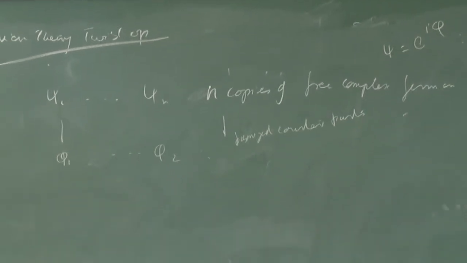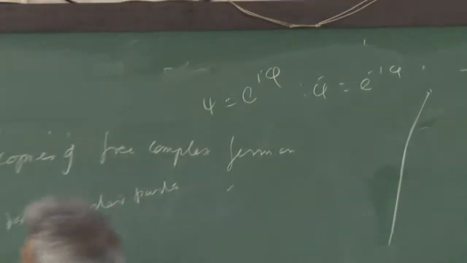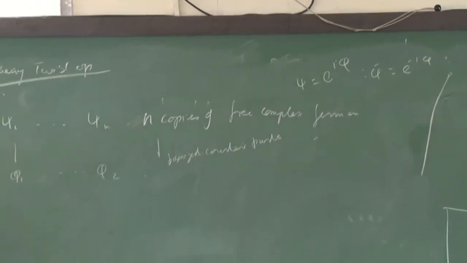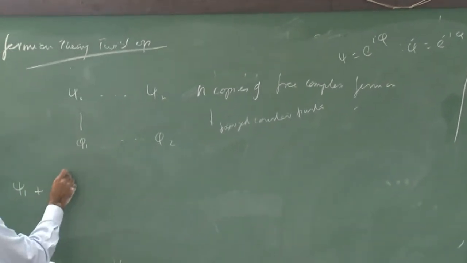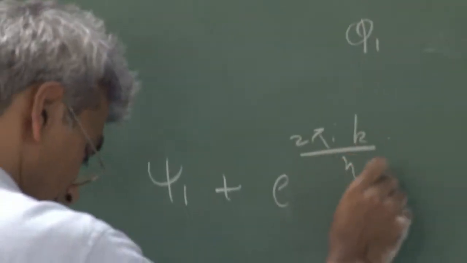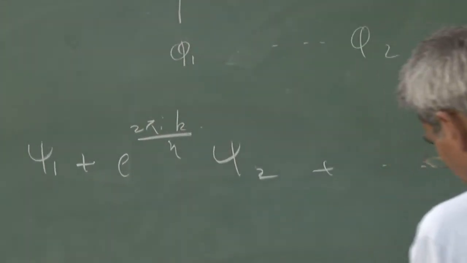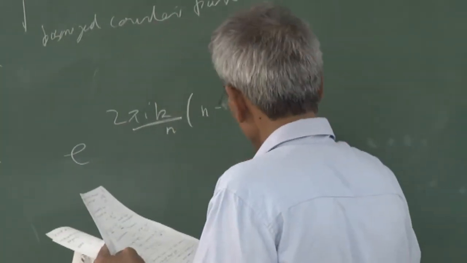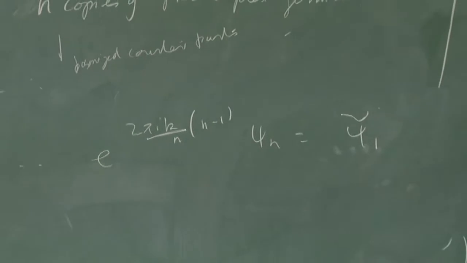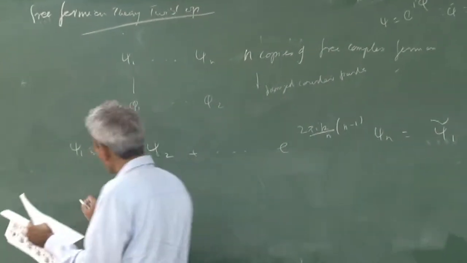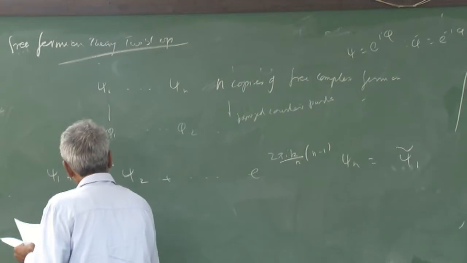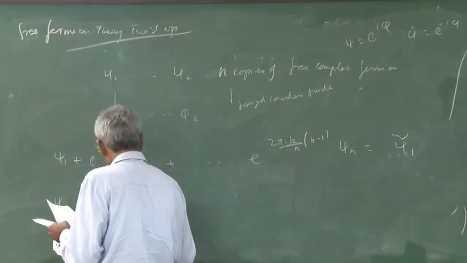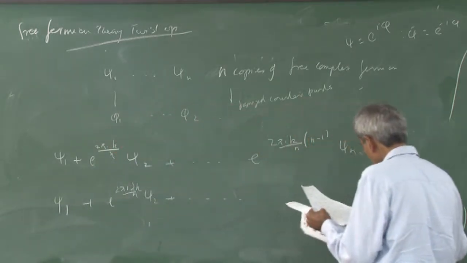And what you do is you construct a discrete Fourier transform of these n copies, psi 1 tilde. Similarly, the next discrete Fourier momentum mode is 2k by n psi 2. So that's your psi 2 tilde.